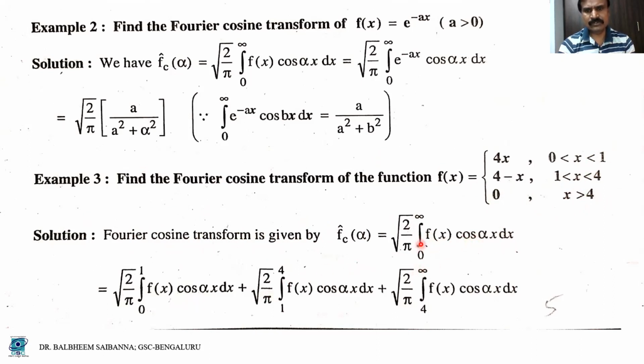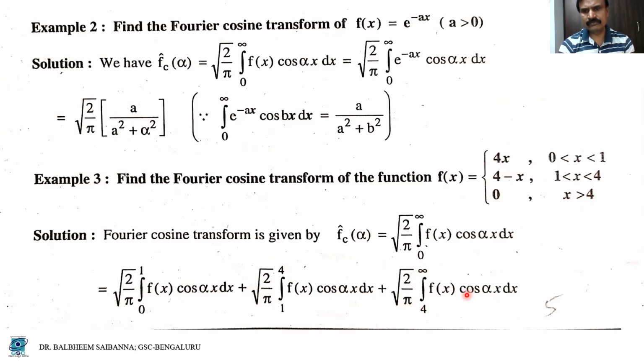So we write root 2 by pi, integral 0 to infinity, as three integrals. One is 0 to 1, where the function is 4x, so f of x cos alpha x dx. Then 1 to 4, where f of x cos alpha x dx, and 4 to infinity, where x is greater than 4.